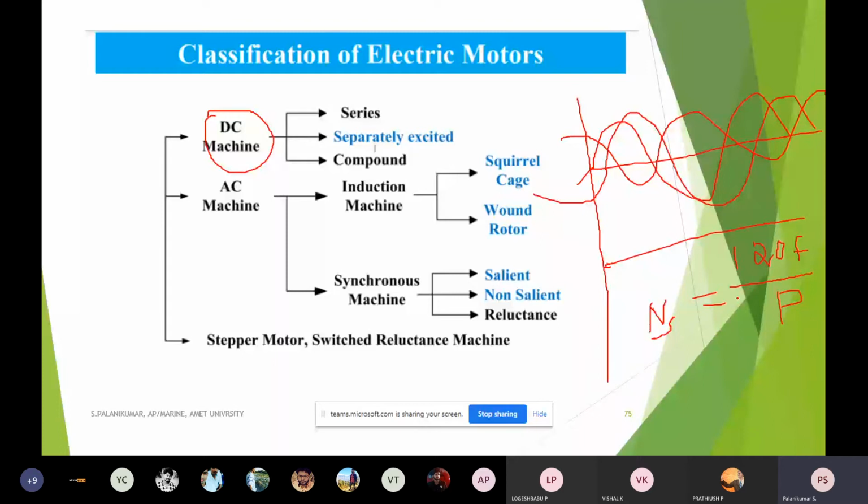It will not catch up, so there will be a gap between the speeds. Always ns will be greater than nr, the rotor speed. Here the stator is not rotating; the magnetic field is rotating.